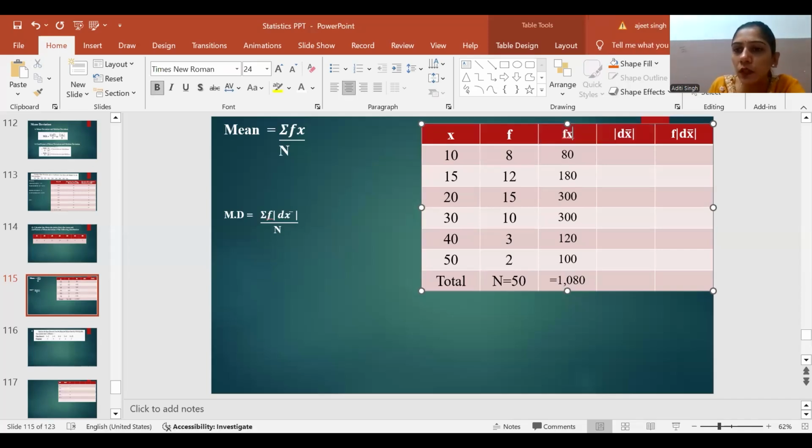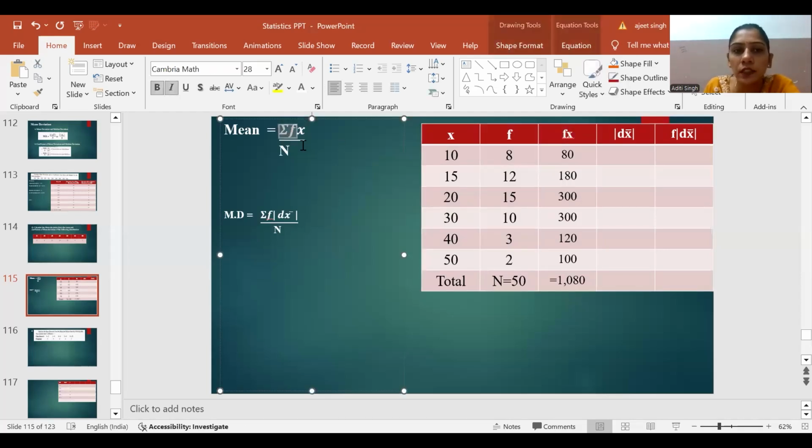So now first we have to calculate the mean of this given series. The formula for calculating mean is sum of fx divided by n.